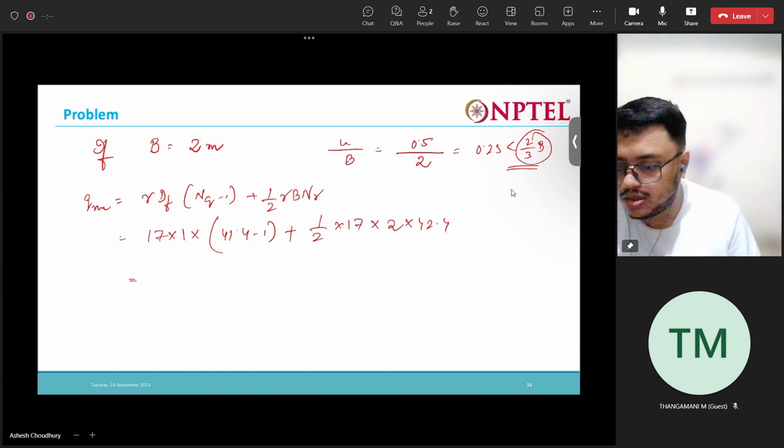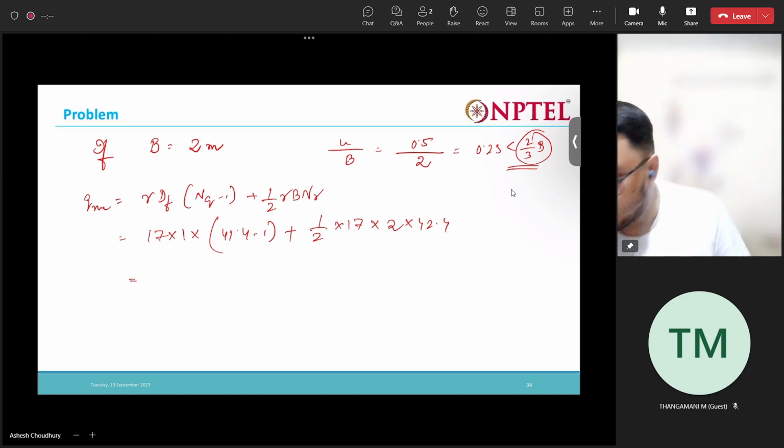How much will it be? Please calculate. It's 1407.6. What is q allowable? Divided by 3, it is 469.2.